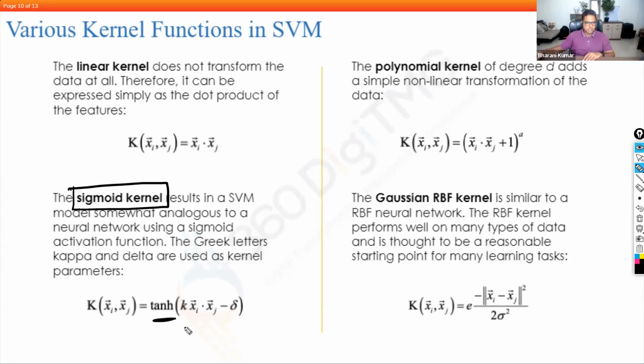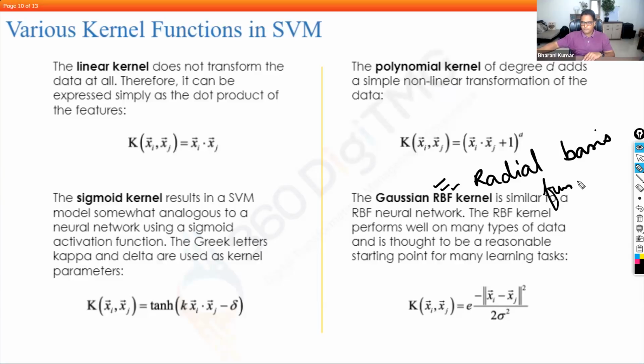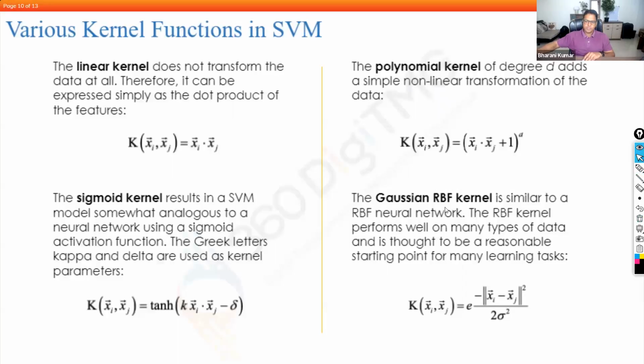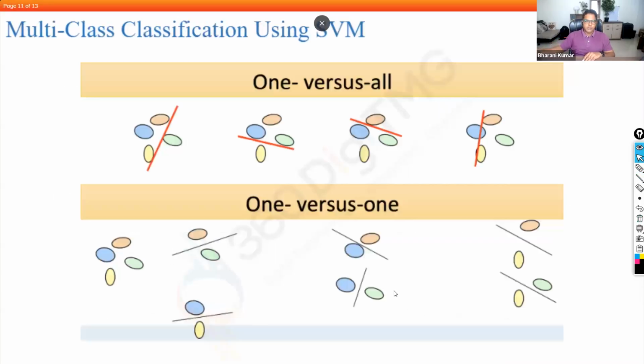You can also use tanh, obviously. When you have data like this, we use sigmoid. Then we have the Gaussian radial basis function, and that's the formula. You apply those so that when you have nonlinear boundaries, SVM starts working on them properly.